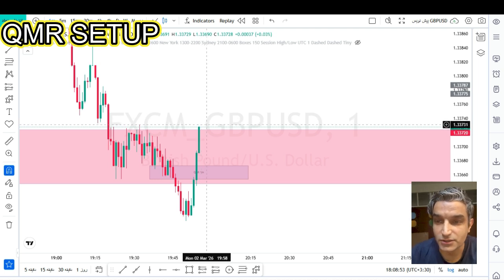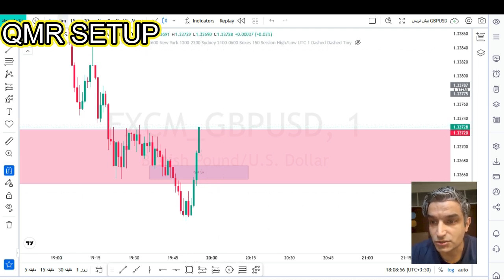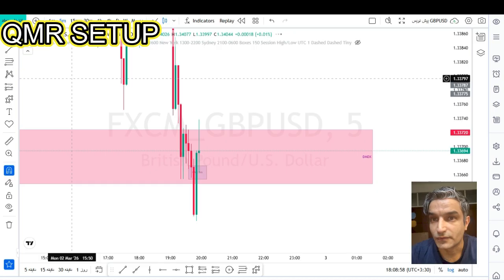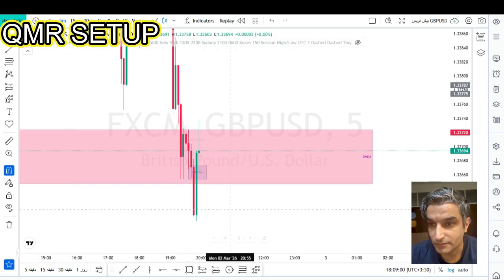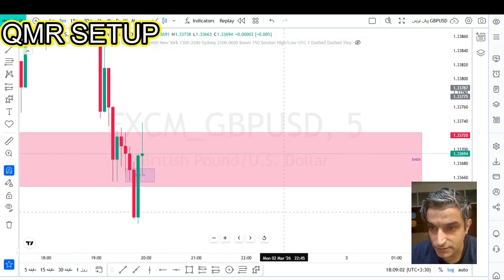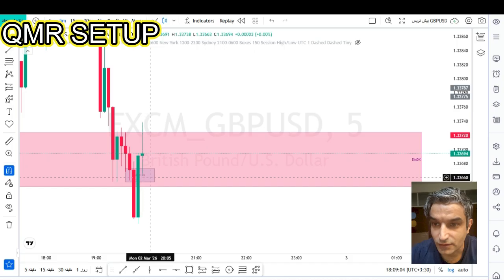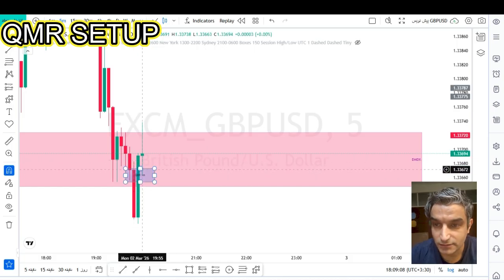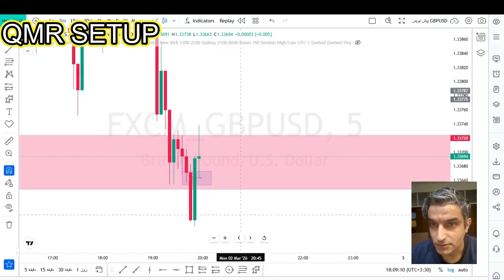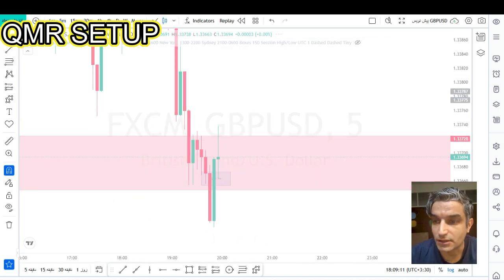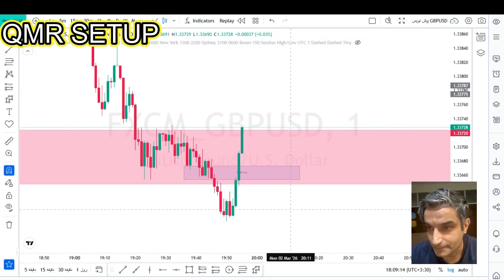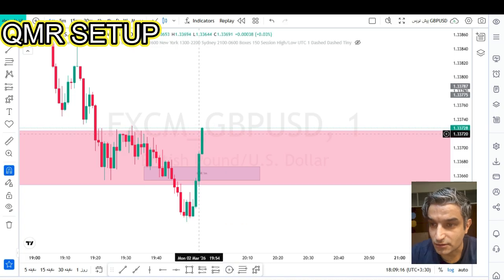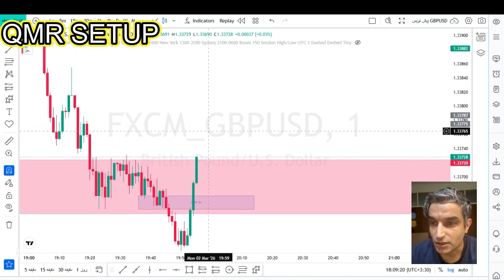And for confirmation, we can change it to one upper time frame. As you see, it's in the engulf candle. So came back to the 1 minute. Waiting for price to come back to this area, and we can take our long position.